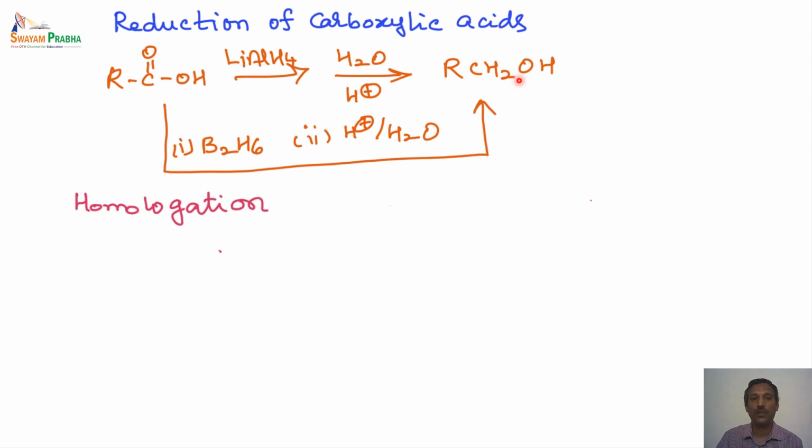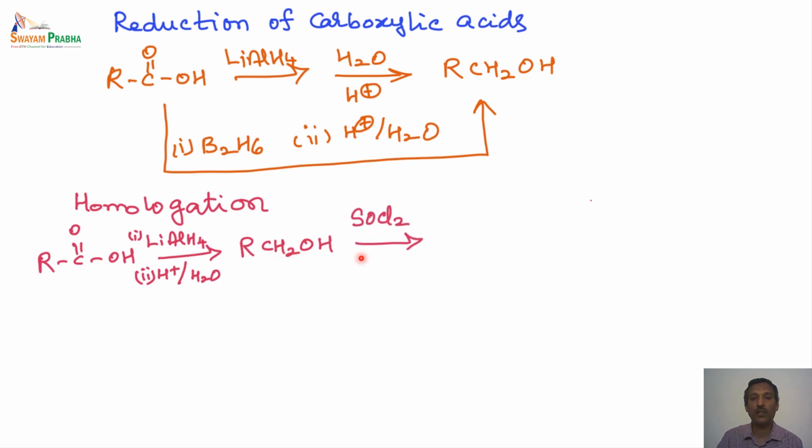The next one is homologation. So the carboxylic acid on reduction with lithium aluminum hydride followed by hydrolysis produces the corresponding primary alcohol. So this primary alcohol can be treated with thionyl chloride to give the corresponding chloro derivative. So this chloro derivative can be treated with sodium cyanide to give the corresponding nitrile or the cyano derivative.